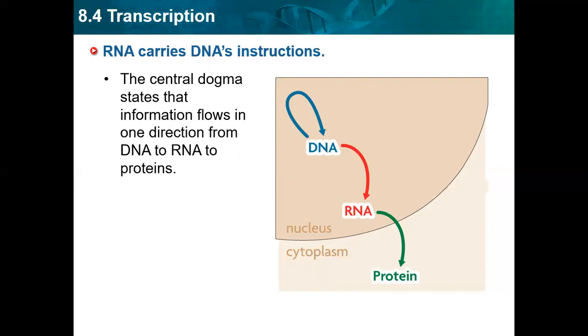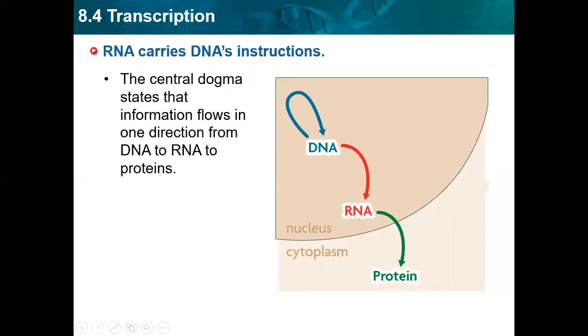That's the reason why translation happens in the cytoplasm, where the cell has enough materials for that process to happen. But the processes of transcription and replication usually happen in the cell's nucleus for the eukaryotic cells.